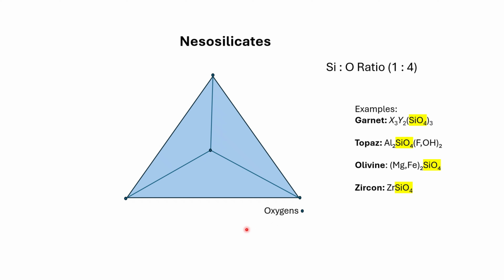They represent oxygen, so there are 1, 2, 3, 4 oxygens, and those oxygens link together with one silicon, and the silicon is within the structure. The common examples are garnet, topaz, olivine, and zircon. I know it's a lot to take in terms of the formula, but what I want you to focus on is the SiO4 everywhere. SiO4, SiO4. Once you see that, you know that it is a nesosilicate.